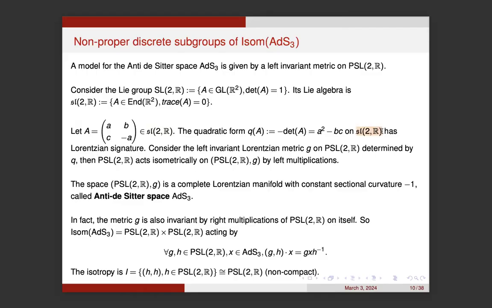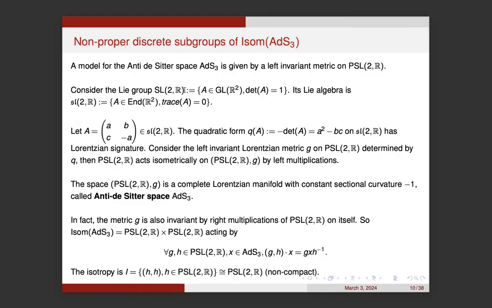So I take this quadratic form on the Lie algebra, on the tangent space at the identity, and I push it forward. Remember my group is SL(2,R), and SL(2,R) acts on itself by left multiplication. It acts transitively by left multiplication. So I take this quadratic form on the tangent space at the identity, and I push it forward at every point of the group using the left multiplications.